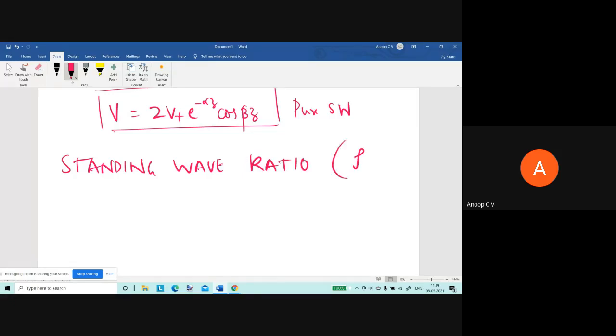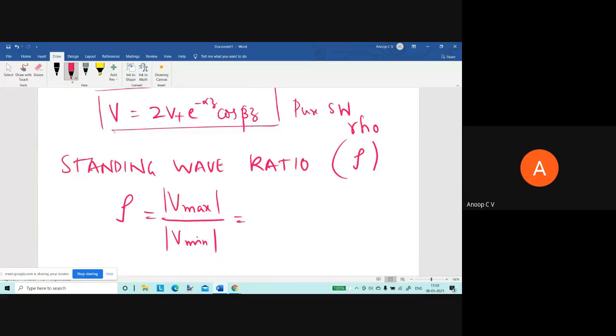We'll represent it as rho. The standing wave ratio is defined as the magnitude of V max divided by the magnitude of V min.